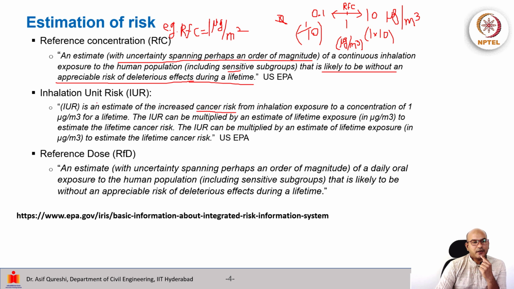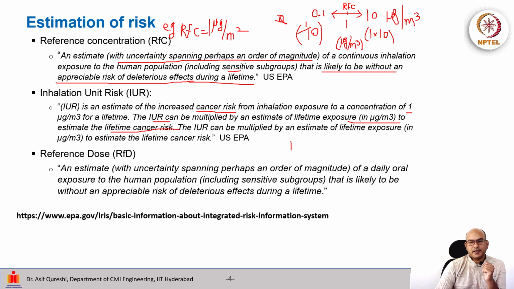So again, if a person inhales 1 microgram per meter cube, how much is the increase in the risk of the person getting cancer? The IUR can be multiplied by an estimate of lifetime exposure in microgram per meter cube to estimate the lifetime cancer risk.